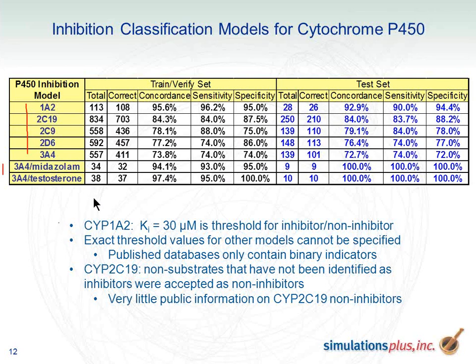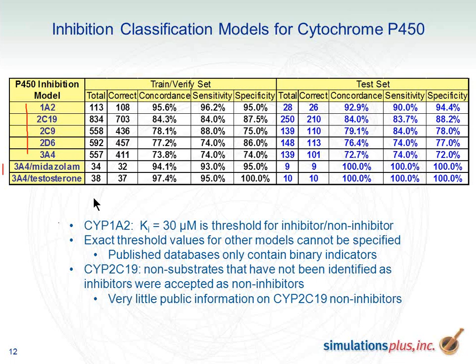The data for these models varies. So for CYP1A2, we have sufficient data with measured KIs for this particular isoform, and we set a threshold of 30 micromolar. So any compound that has a KI lower than 30 micromolar is labeled an inhibitor. Anything above 30 micromolar is a non-inhibitor.